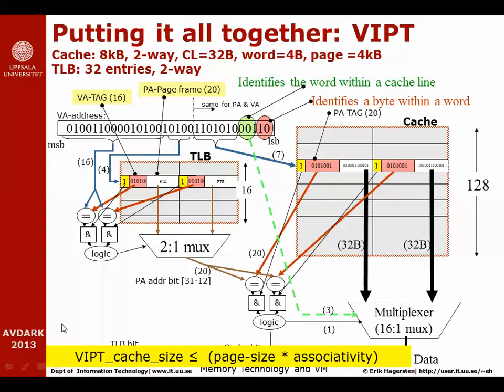A hint to that solution was in the previous slide, where we said the VIPT cache size must be smaller than or equal to the page size times the associativity. So you actually need the associativity to be 32-way, which is probably on the high-end side from an energy point of view.